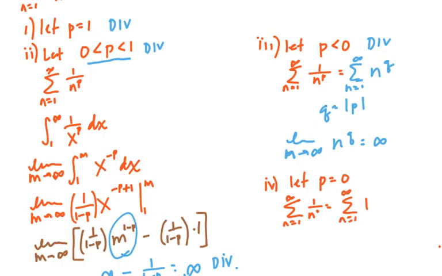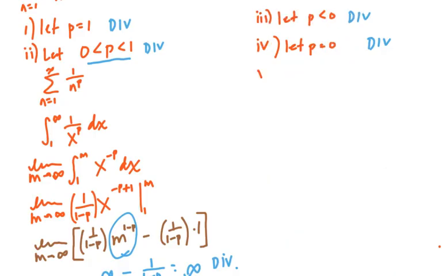And when you add 1 an infinite number of times, you get divergent. So we could say the limit as n approaches infinity of 1 equals 1, which is not equal to 0. Therefore, it's divergent because we're looking at the sum of a series. So we have divergent on this one as well.